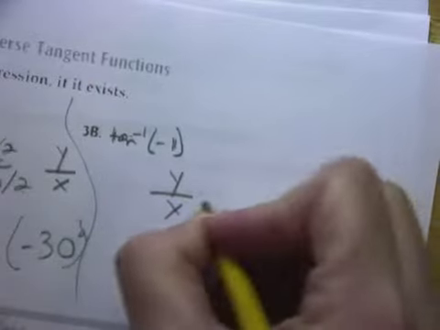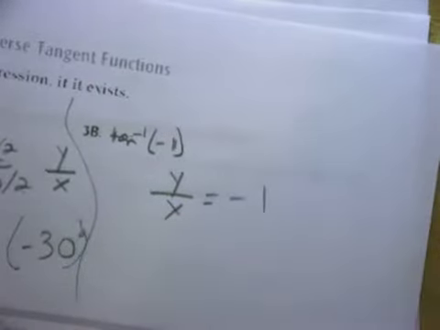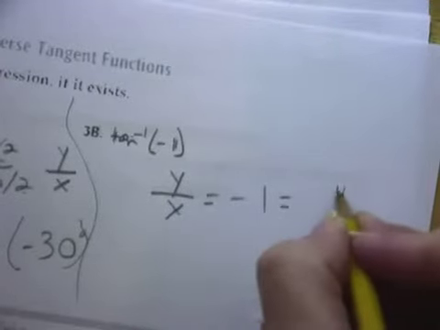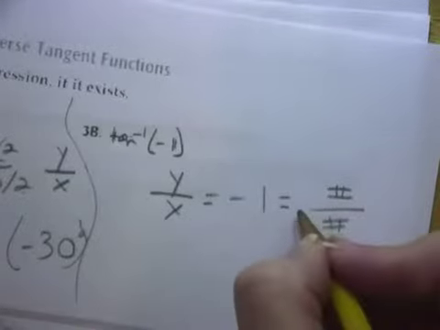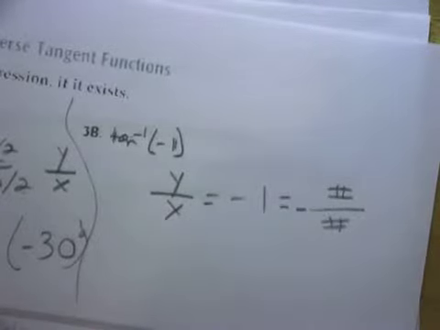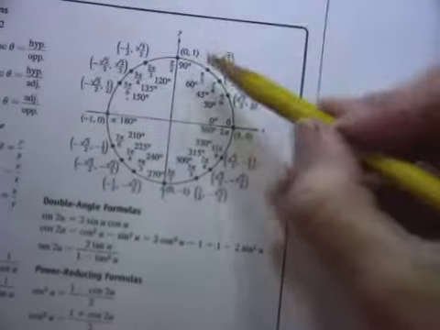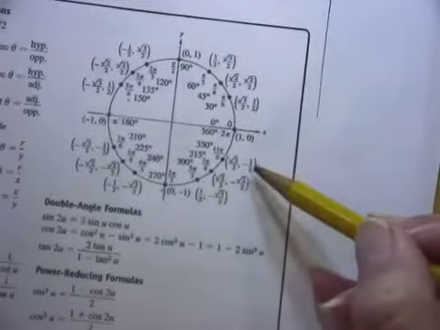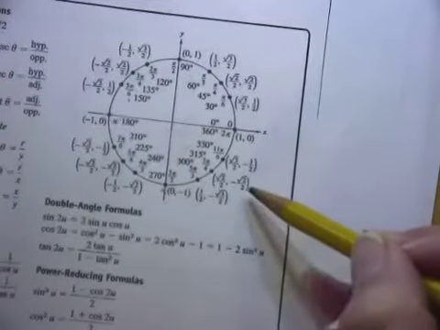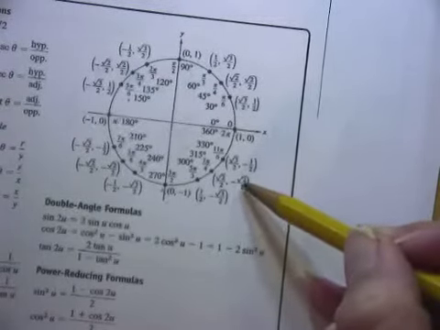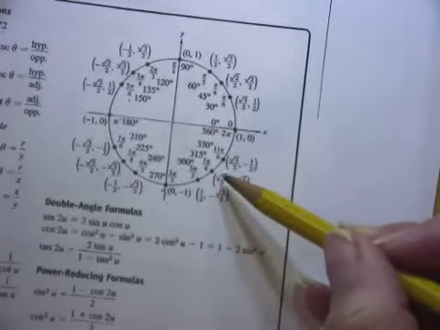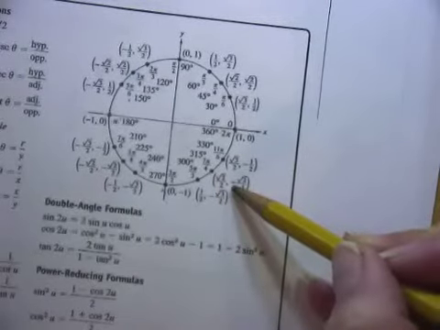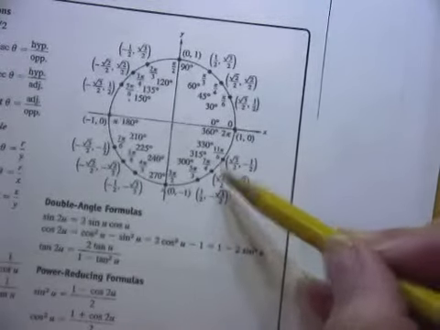In part B, we're finding the inverse tangent of negative 1. So again, we're looking for a y over x that will equal negative 1. So what I'd like you to realize is that the x and y coordinates are going to be the same number, basically, but one of them is going to be negative. All right, so nowhere in this quadrant am I going to find what I'm looking for. These aren't the same value.